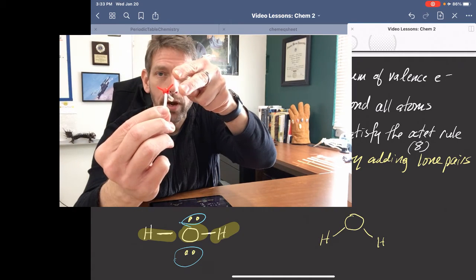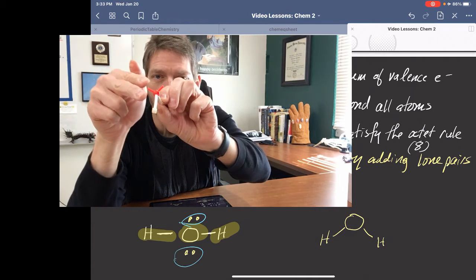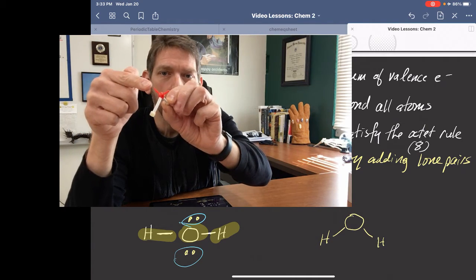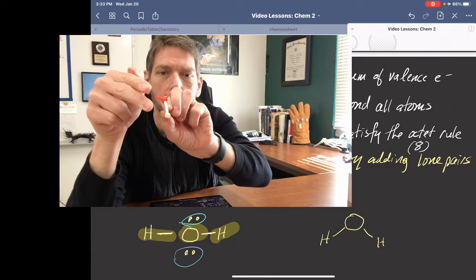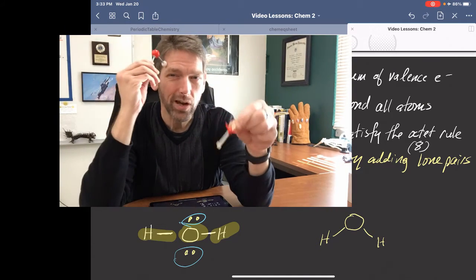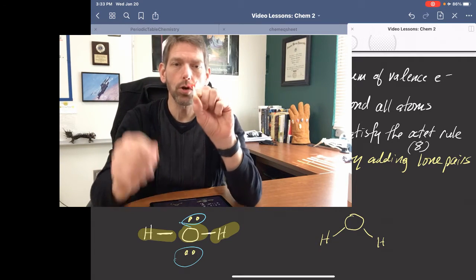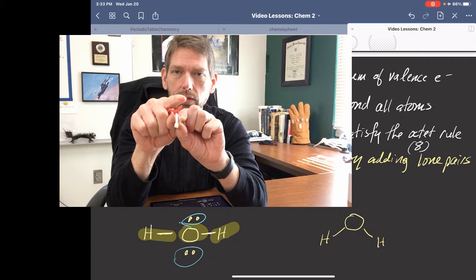There's a lone pair right here, and there's a lone pair right there, in that region of space. Now on this particular kit, it's not there, but you have to, in your mind's eye, be able to visualize this. You see how they come out at these angles.